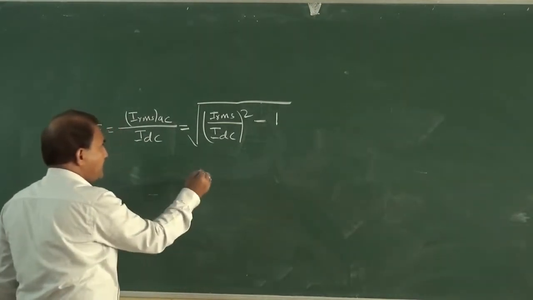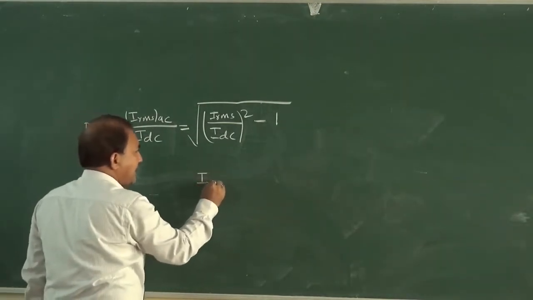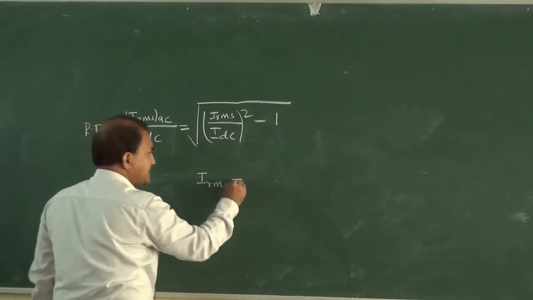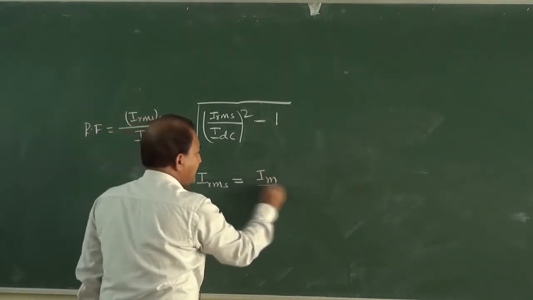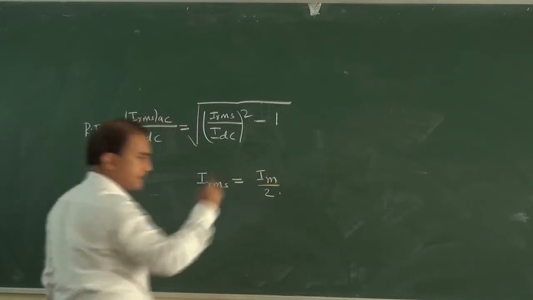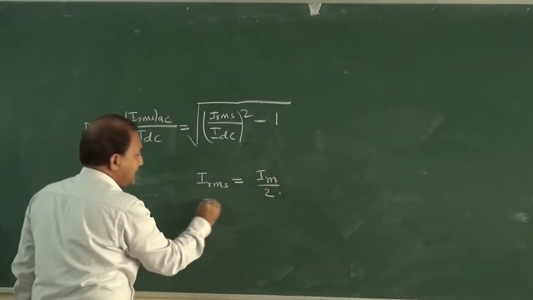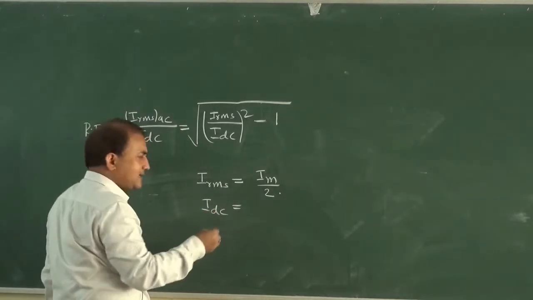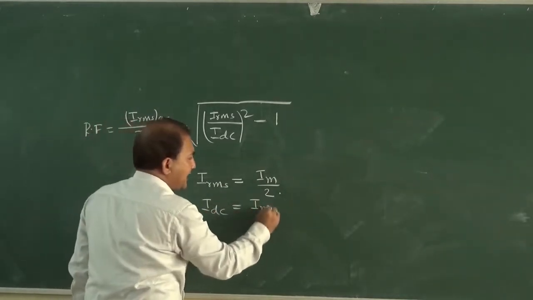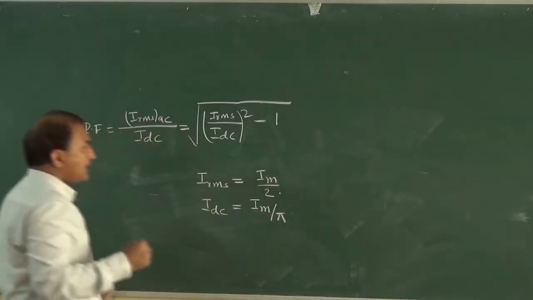Now in case of a half wave rectifier, I RMS is equal to Im by 2, and IDC is equal to Im by pi.